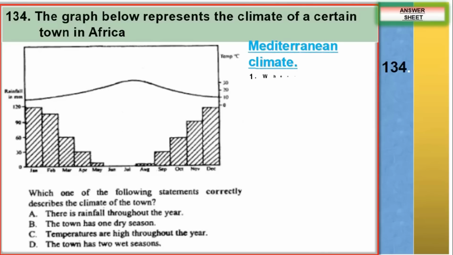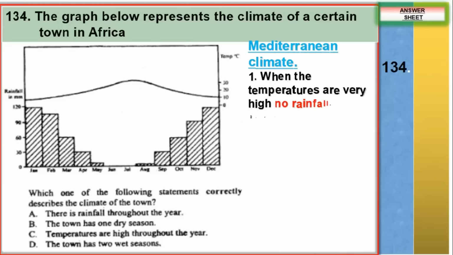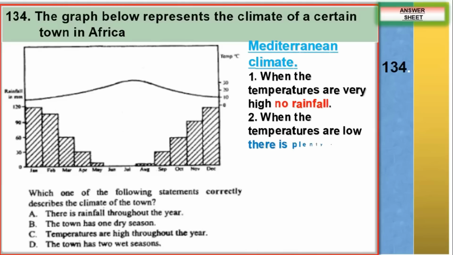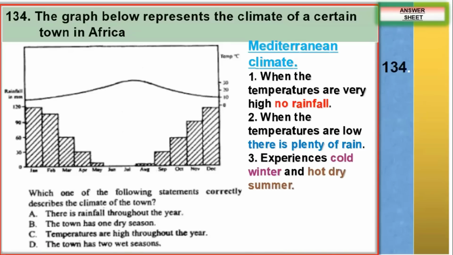Mediterranean climate, number 1, when the temperatures are very high, no rainfall. Number 2, when the temperatures are low, there is plenty of rainfall. From this graph, number 3, experiences cold winter and hot, dry summer.